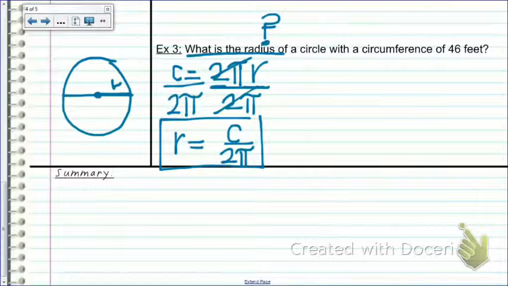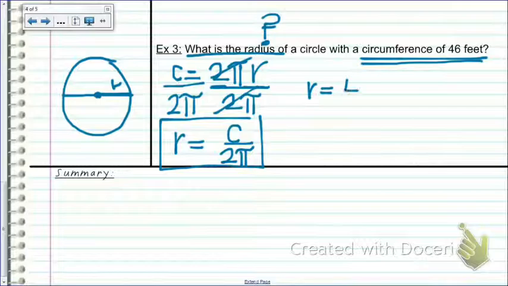Do they give you a value to substitute? Yeah. Circumference is 46 feet. We double underline that, right? Circumference is 46 feet. So I'm going to plug in 46 for c. So r equals 46 divided by 2 pi.